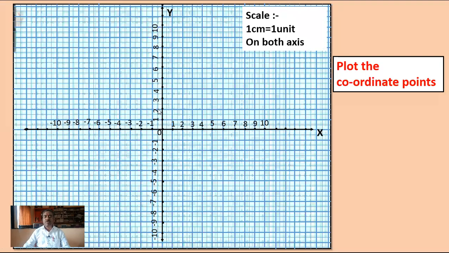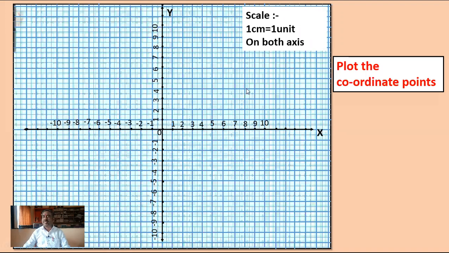From 0 to 1 is 1 centimeter, it is 1 unit. 1 to 2 is 1 unit. 0 to -1 is also 1 unit, 1 centimeter. -1 to -2 is also 1 centimeter. Therefore, the scale on the graph paper is 1 centimeter equal to 1 unit on both axes.